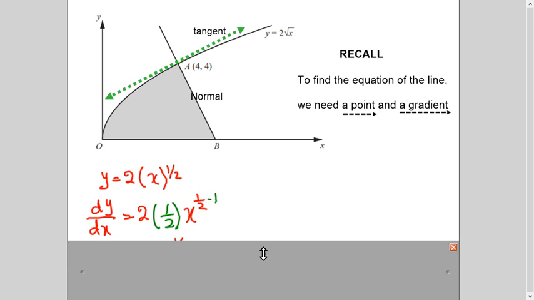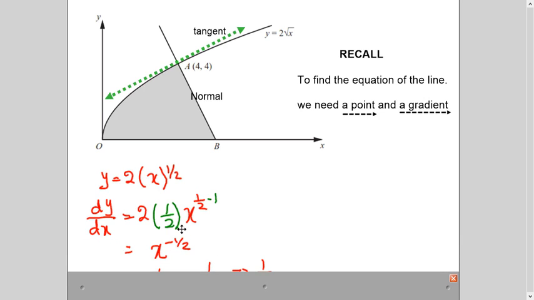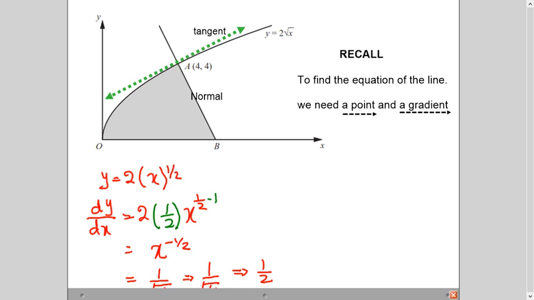So it will become x power minus half. This 2 will cancel with this 2. And then it will become 1 over root x, and I will substitute the x coordinate of the point, which gives half. So the gradient of this tangent is half.